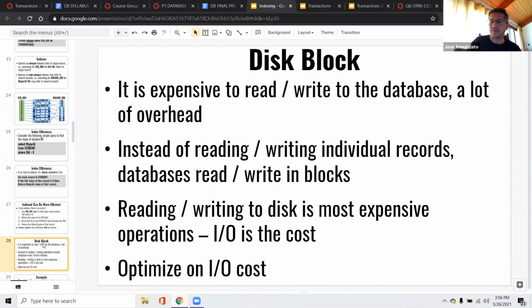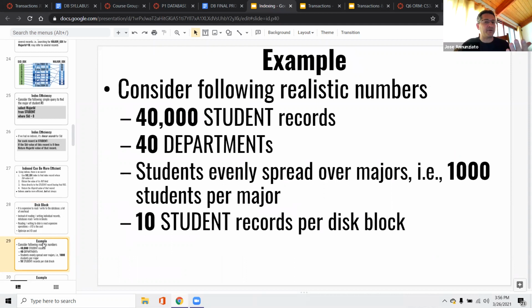and bring it into memory. Having defined that, we took a couple of examples where, say, we had a university that had 40,000 students, divided across 40 departments, with an average of 1,000 students per department. If we decide that a disk block can hold 10 students, to read all the records it would take us 40,000 students divided by 10, that's 4,000 reads.